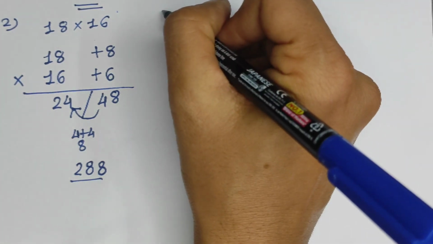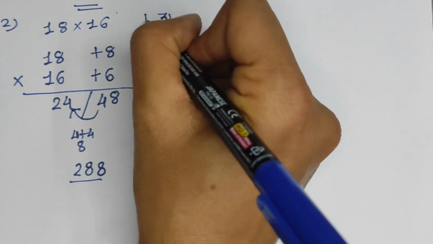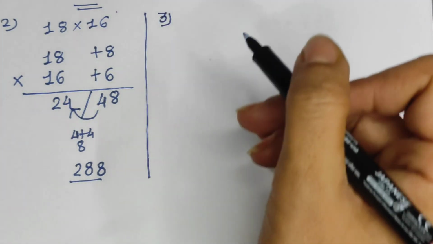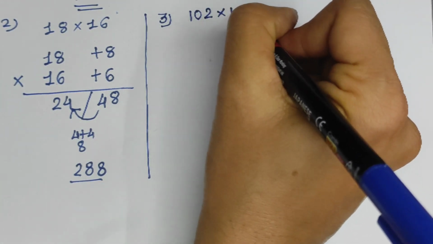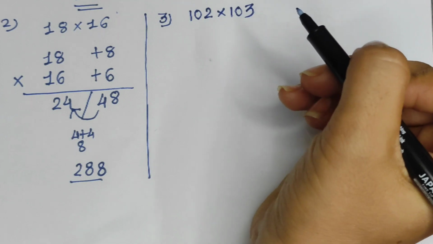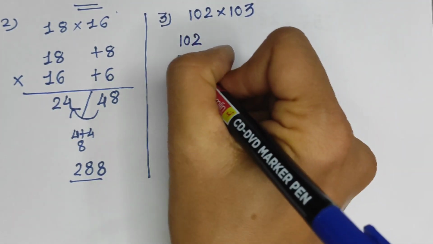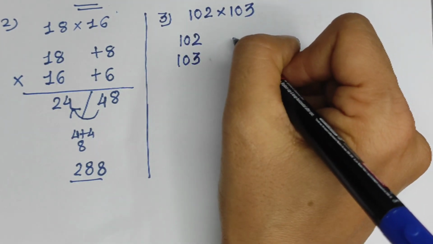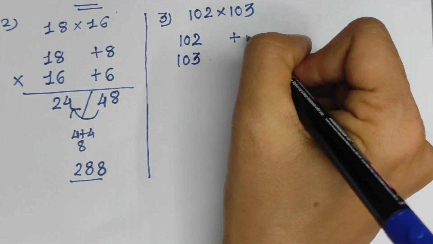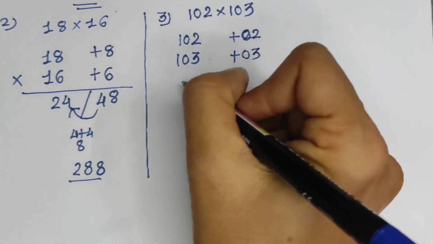We take another example. Example 3, we calculate 102 and 103. We write down the numbers and their deviations, plus 02 and plus 03.